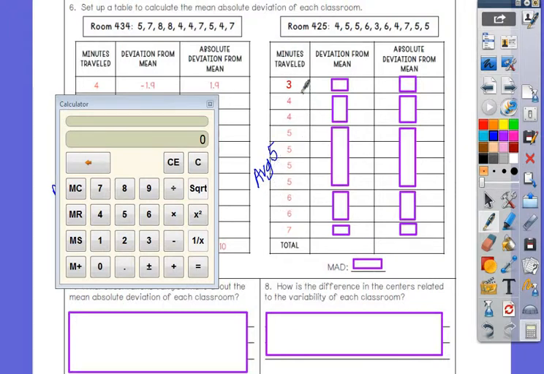So I then subtracted 5 from each number. So 3 minus 5 is going to give me a negative 2, and the absolute value of that would be a positive 2. 4 minus 5 is going to give me a negative 1. Absolute value of that is 1. 5 minus 5 is going to give me 0, and absolute value of 0 is 0.